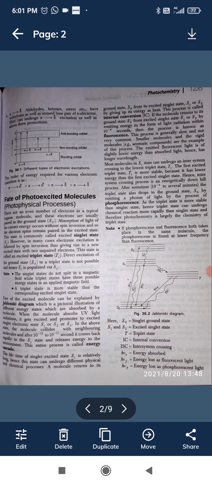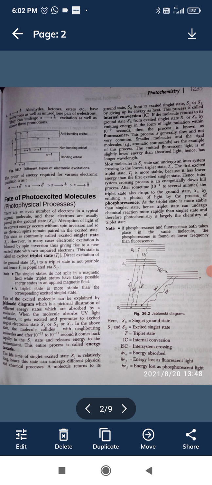From S1, if the molecule returns to its ground state from the excited singlet state S1 or S2 by emitting energy in the form of light radiation within 10 to the power of minus 9 seconds, then the process is known as fluorescence. From S2 or S1, if it returns to S0, it is also called internal conversion.